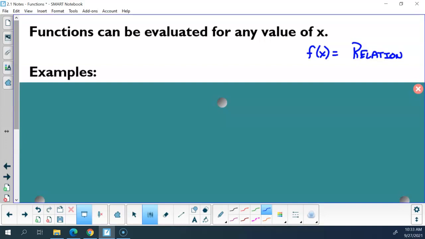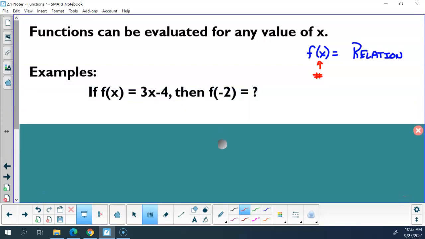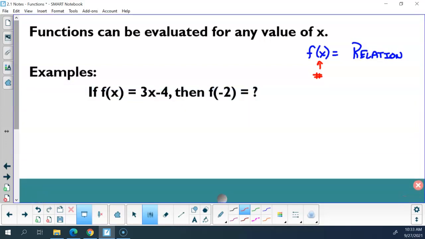Then we plug that number into our relation and get an output value. So for instance, I am defining f of x as 3x minus 4. And I want to know what f of negative 2 is.